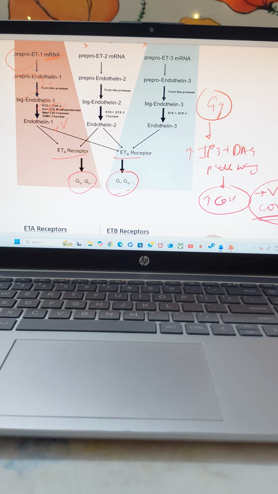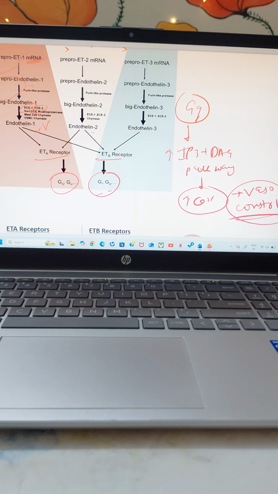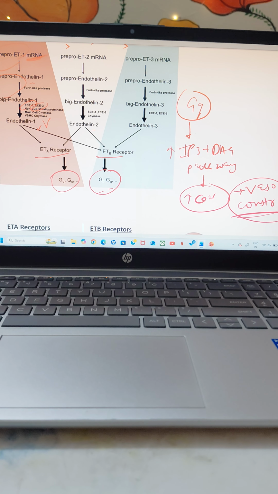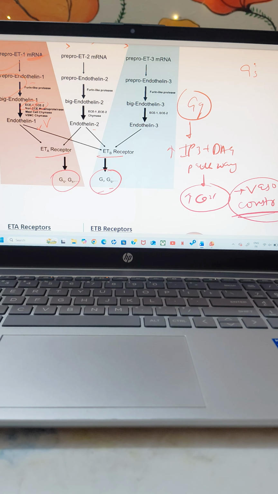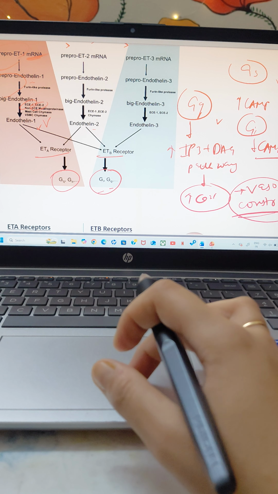This you have to keep in mind. Whereas Gs will increase cAMP and Gi will decrease cAMP. These are the three functions of Gq, Gi and Gs.